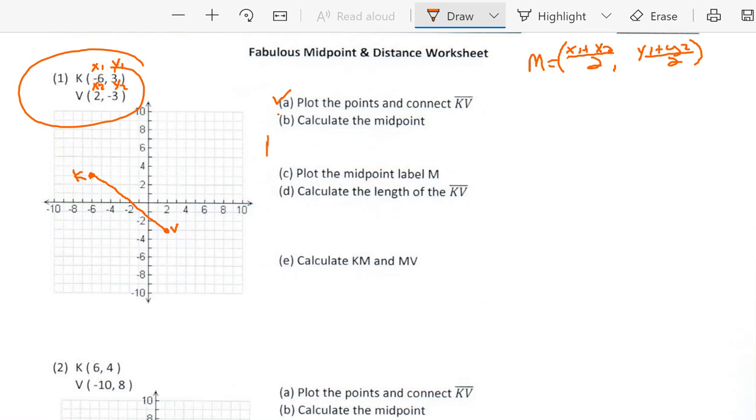So midpoint is going to be negative 6 plus 2 over 2, and 3 plus negative 3 over 2. So this ends up being negative 4 over 2, and this one ends up being 0 over 2. So we end up with negative 2, comma 0.